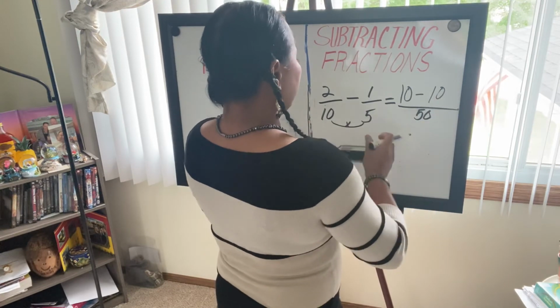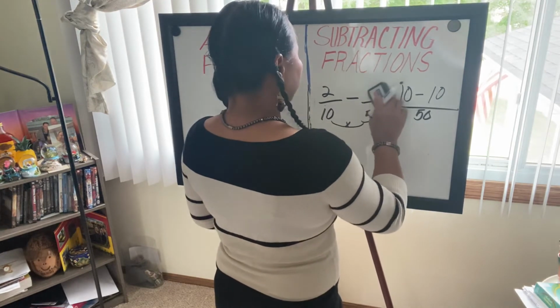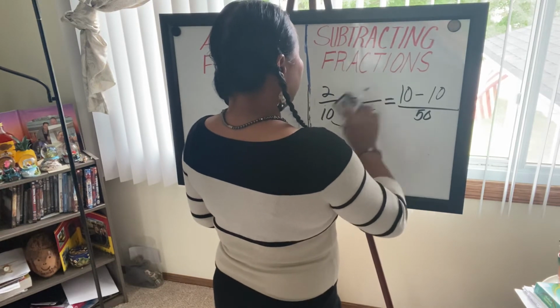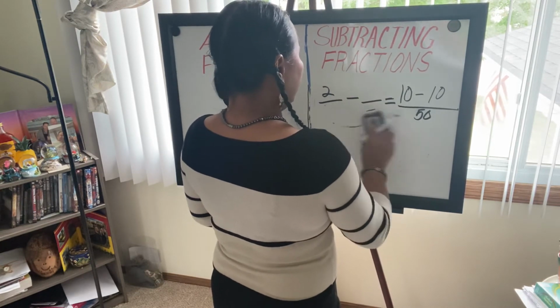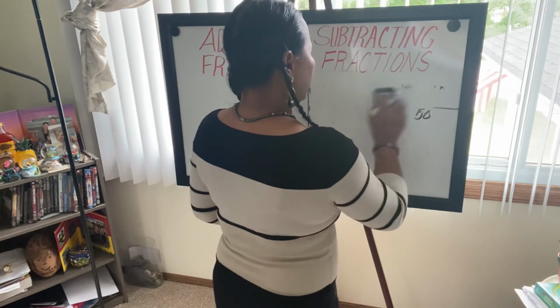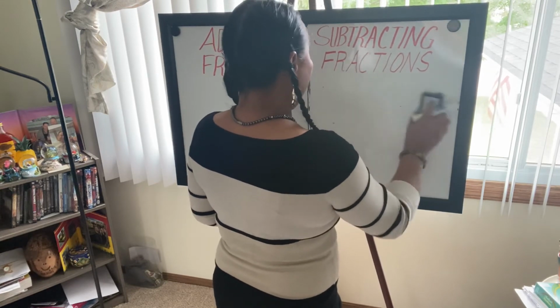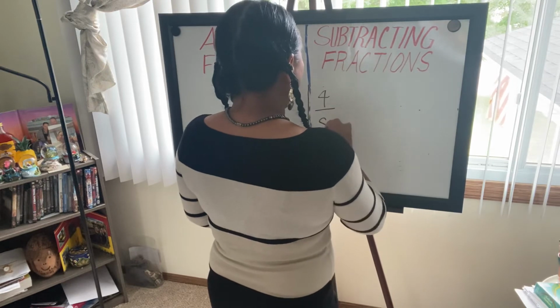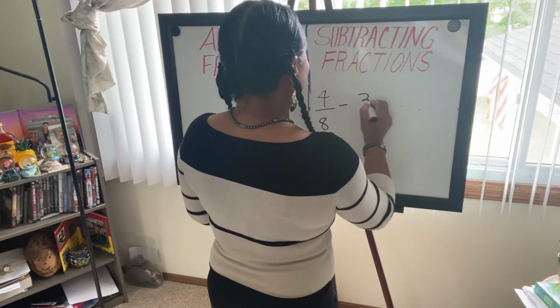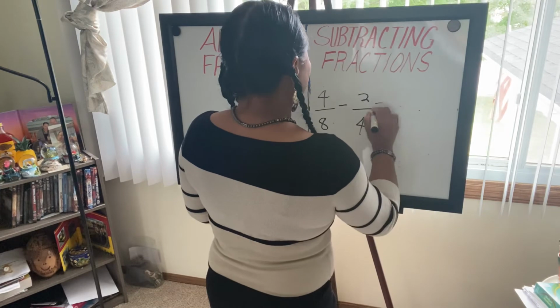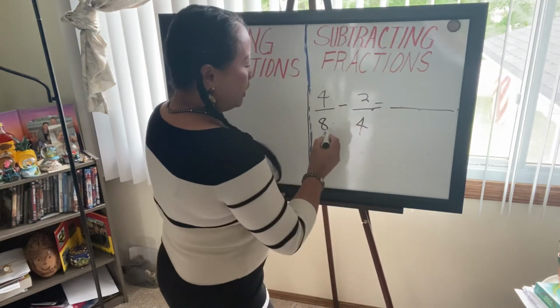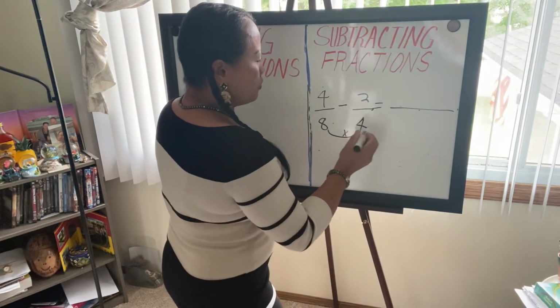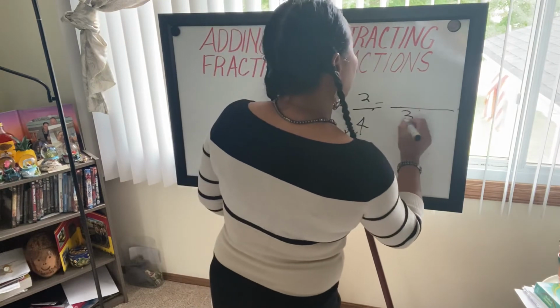let's change this problem. 4 over 8 minus 2 over 4. Okay, you can also multiply this, no? 8 times 4 equals 32.